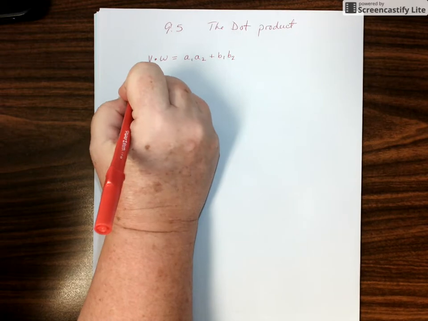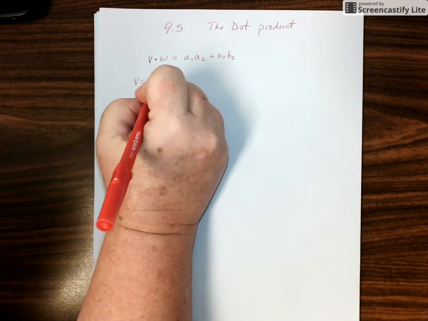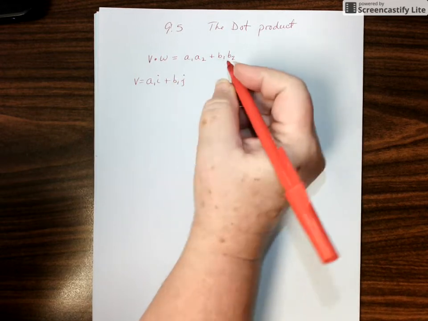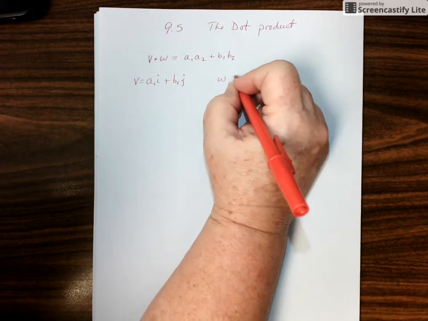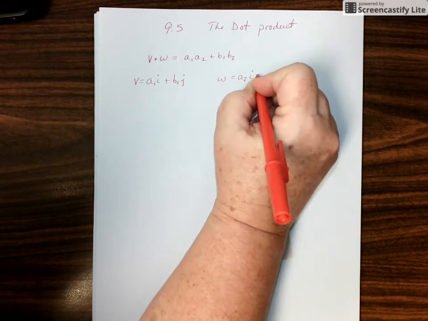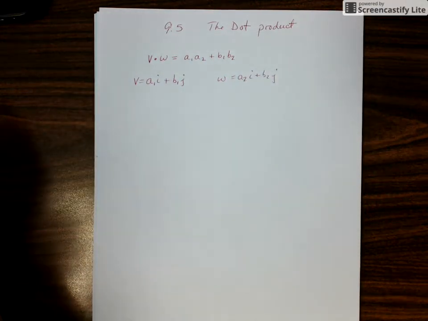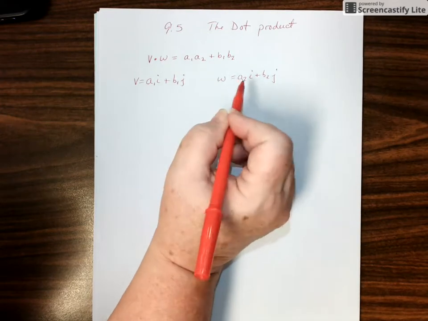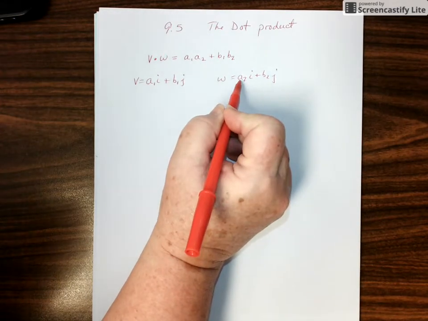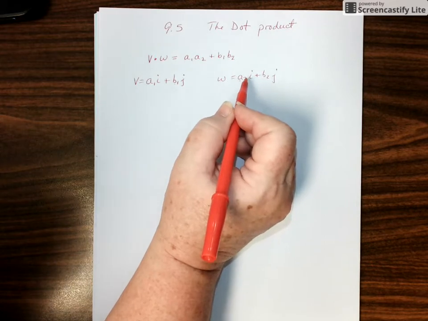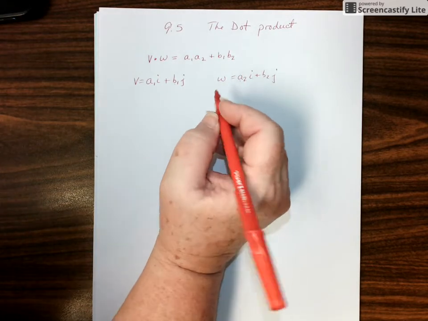So let's assume that vector v is a1i plus b1j, and vector w is a2i plus b2j. Then in order to do the dot product, we're going to multiply a1 times a2, get an answer, multiply b1 times b2, get an answer, and then add them together.